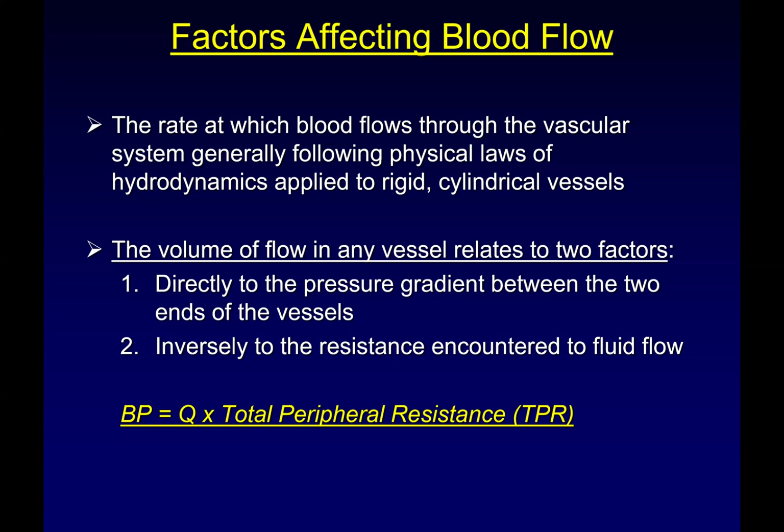What I don't want you guys to do, I like that example because you've done that and you've seen that. But what I want you to appreciate is that a given tissue has its own peripheral resistance. And so for any cardiac output that's determined by the heart, okay, by heart rate and stroke volume, as each tissue changes its peripheral resistance, it changes the blood pressure in that tissue.